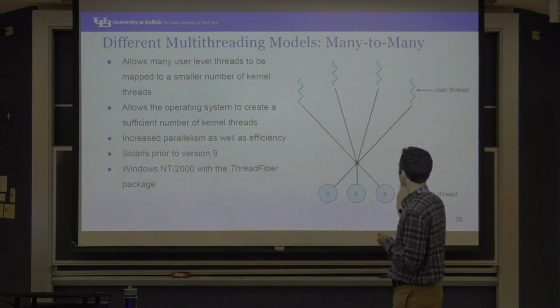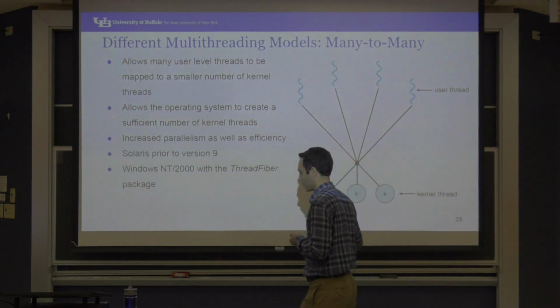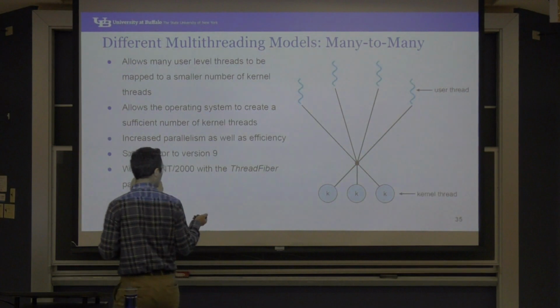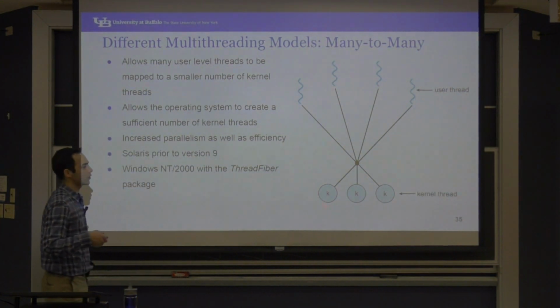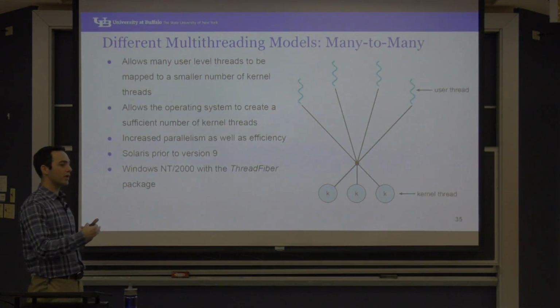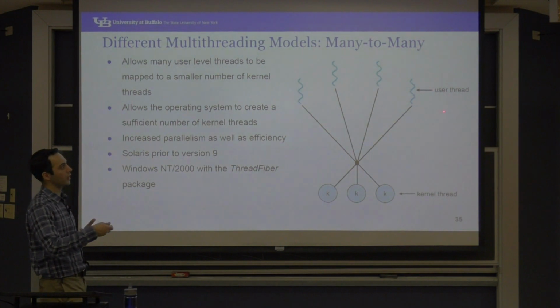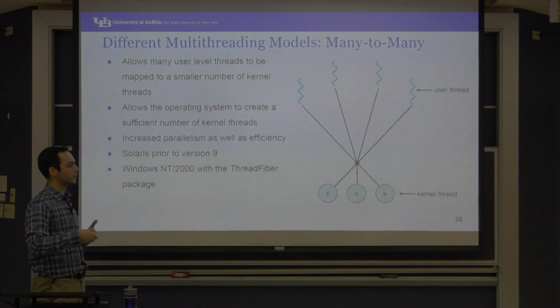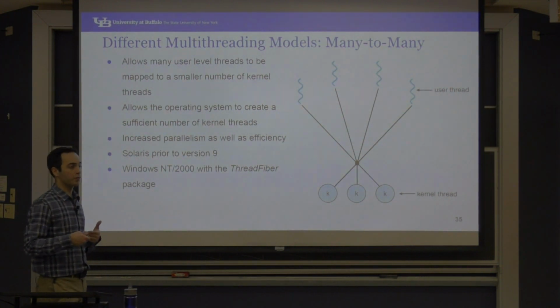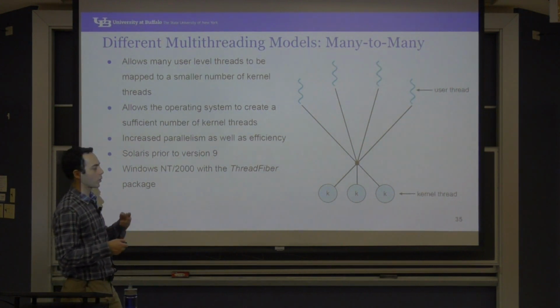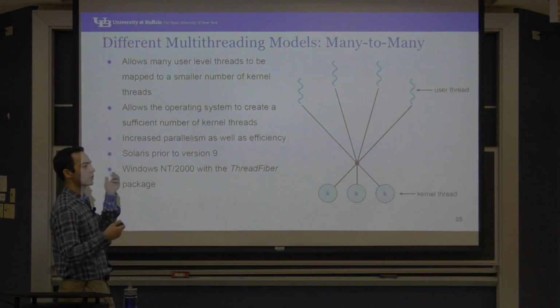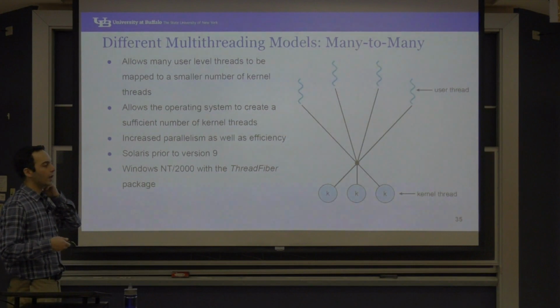We're going to talk about the next one, the two-level model. This allows the kernel to limit the number of threads. If you have 1,000 threads here and 4 threads here, and maybe you only have 2 cores, it doesn't make sense to have 1,000 threads.